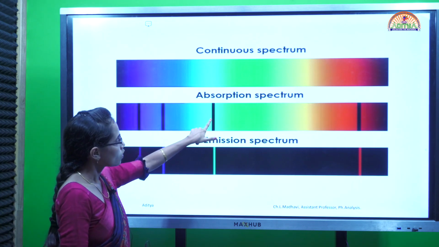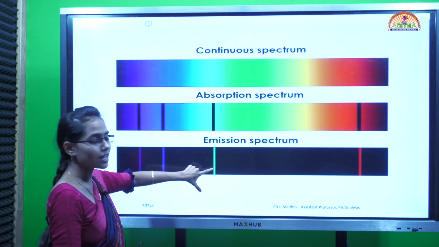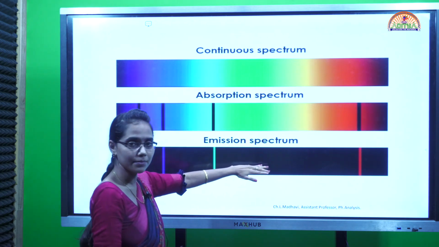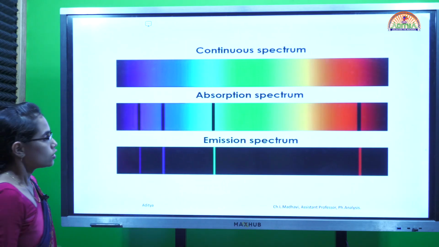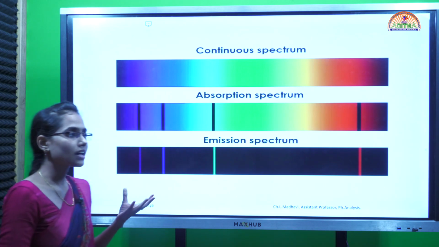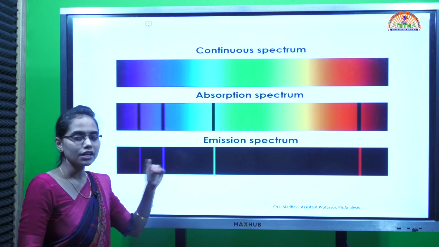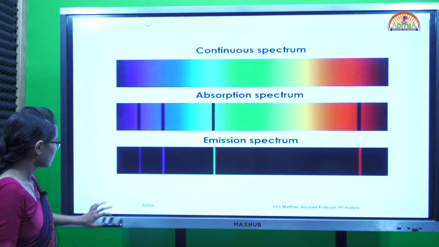So whatever are the dark lines in absorption are bright lines in emission, and vice versa. Whatever are dark lines in emission are the bright lines in absorption spectroscopy. So absorption spectrum consists of the transmitted radiations, whereas in emission spectrum, they are absorbed and then emitted radiations.